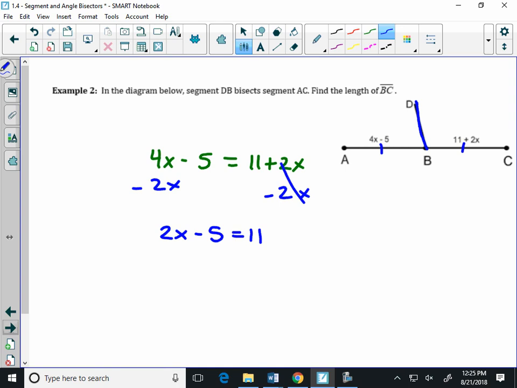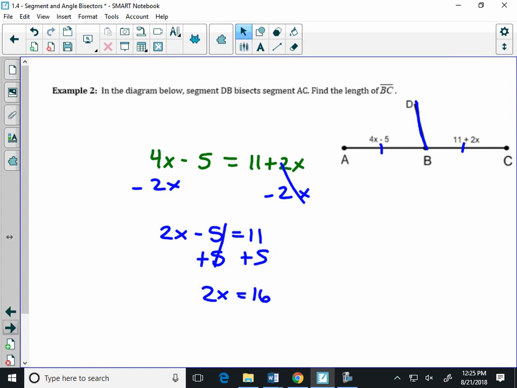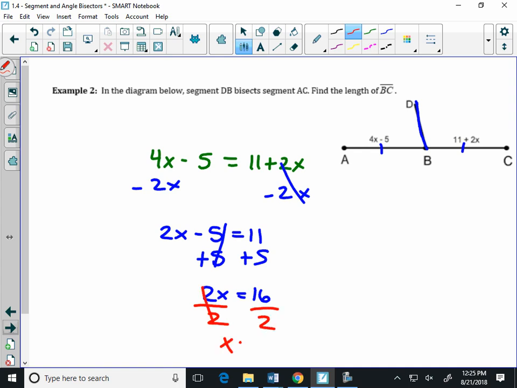What's our next step? We add 5. We get 16. We divide by 2 to get what? Okay. We're done. We found x, right? We found our answers. We found what they were asking for.